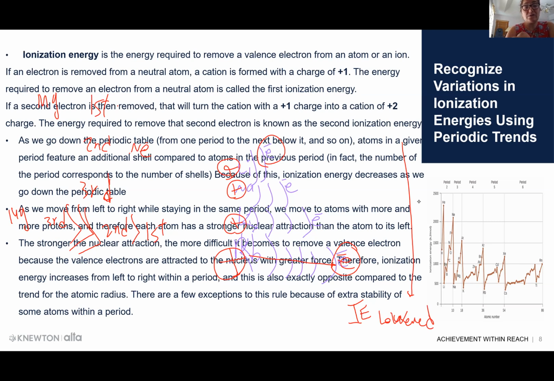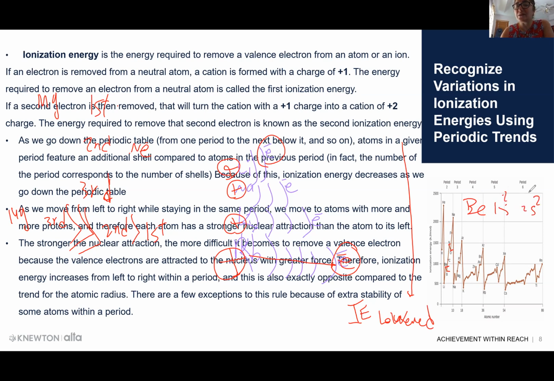And then there are some other variations here. Let's say ionization energy for beryllium is going to be higher than for boron, and for nitrogen it is higher than for oxygen. That has to do with the stability of the electron configuration. For beryllium, Be, you have 1s2, 2s2.